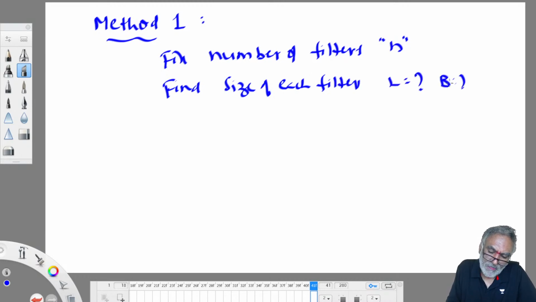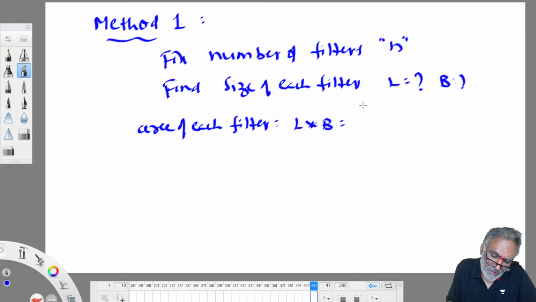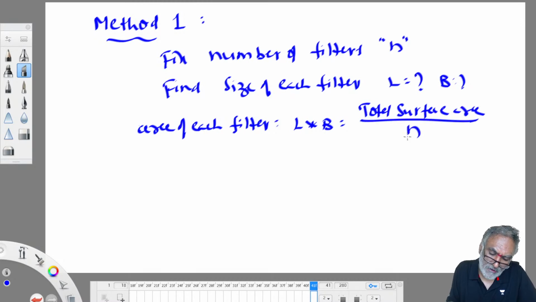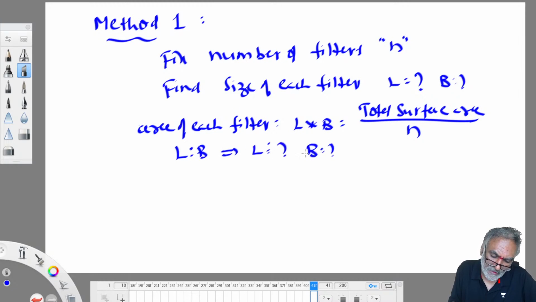L and B. So if N is fixed, how to find the size of each filter? You get the area of each filter, that is L into B, which is equal to total surface area by number of filters in operation. So using L to B ratio, you can find out the length of the filter and the width of the filter.